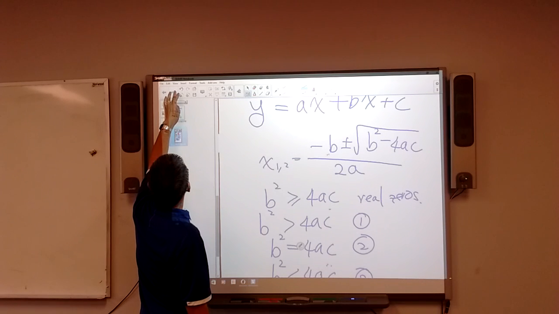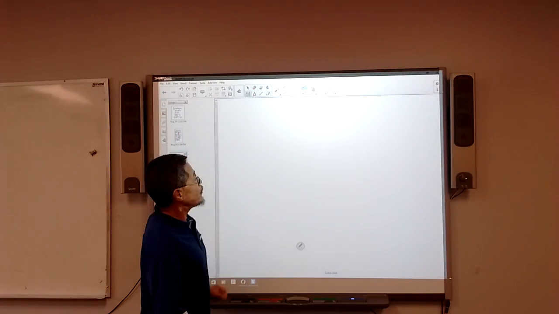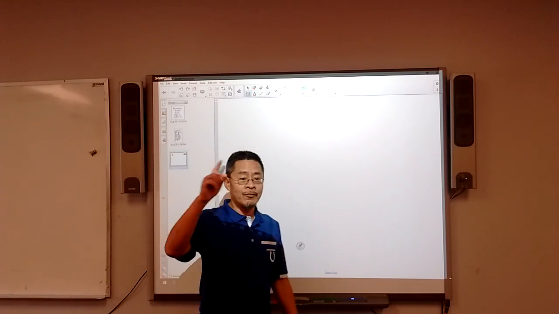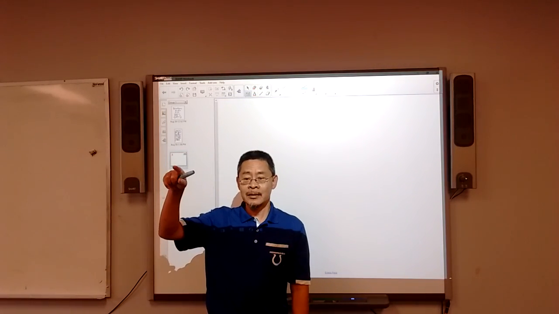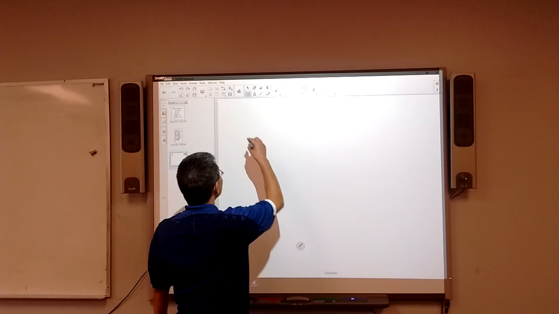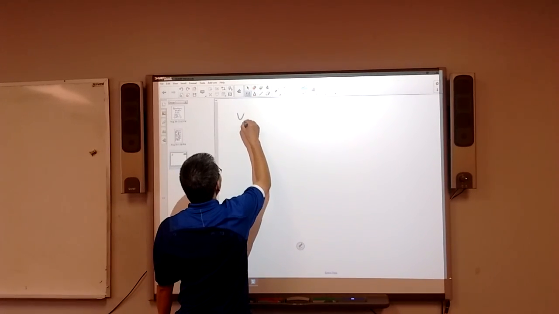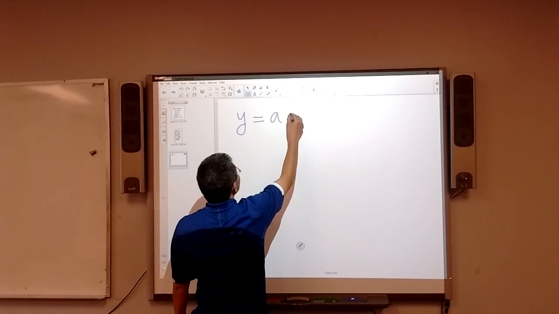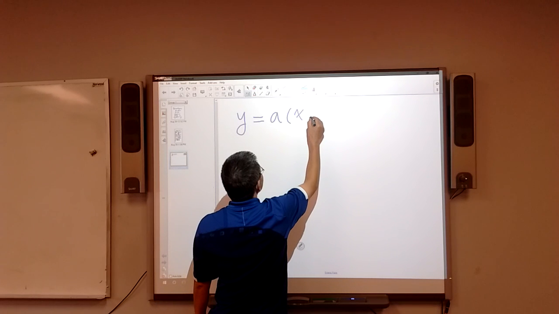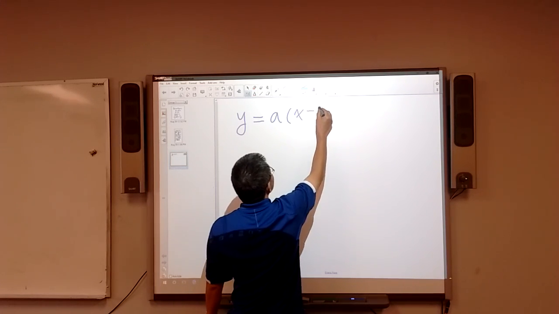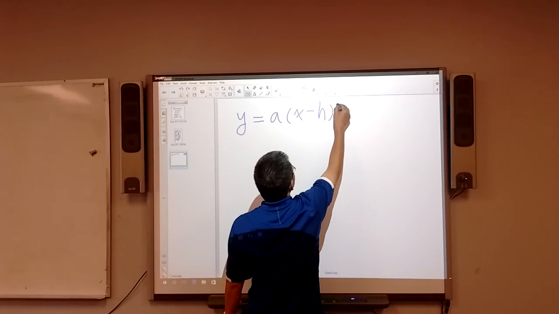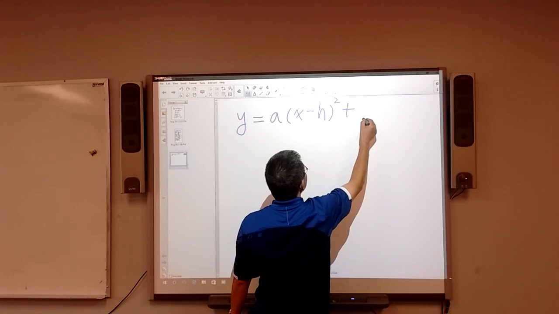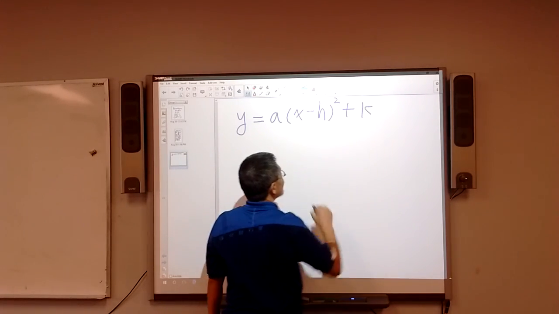So, this is based on our famous other form, the vertex form, which is right as well. y equals a(x minus h) squared plus k, right?